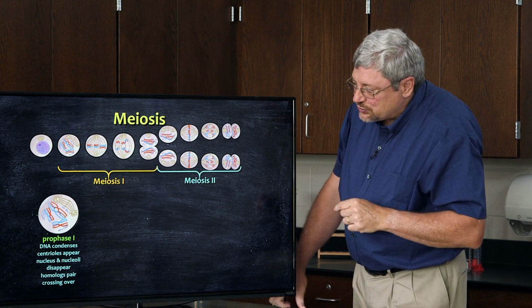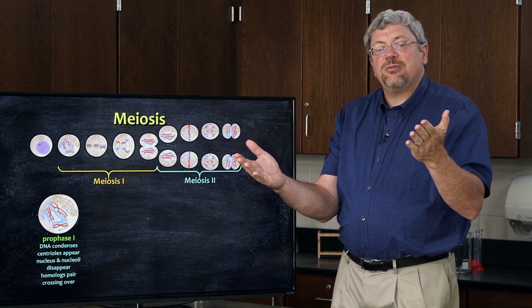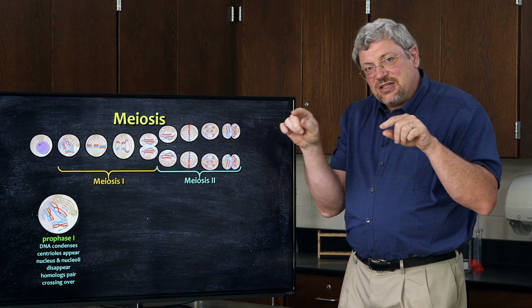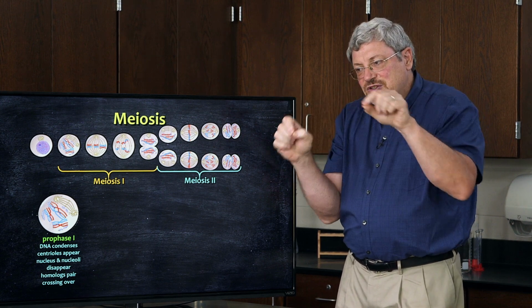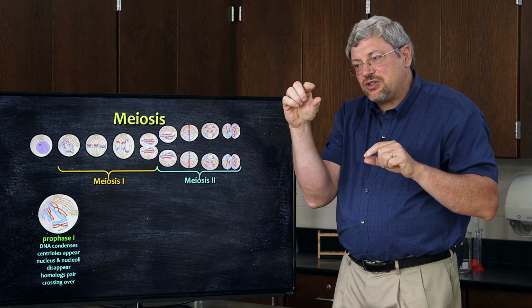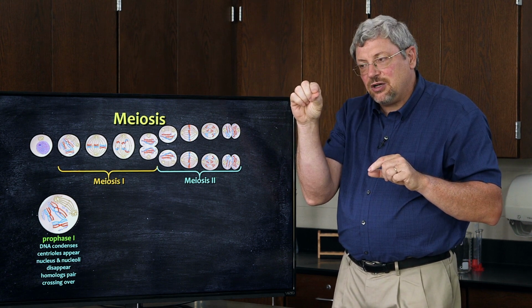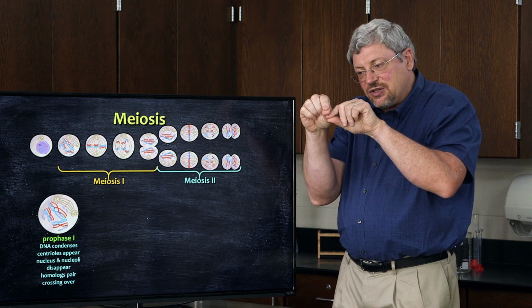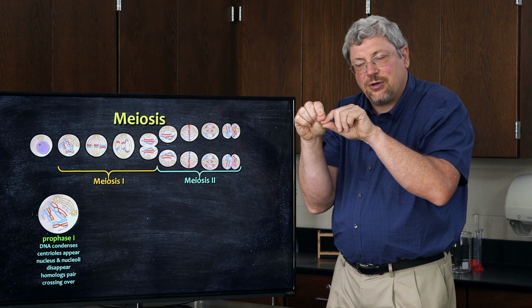In this prophase 1, the homologous chromosomes join together at that place where the individual sister chromatids on one chromosome are connected, the centromere. The centromere of one chromosome connects to the centromere of the homologous chromosome.